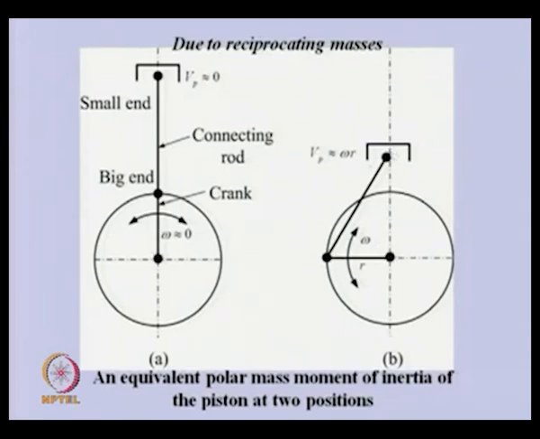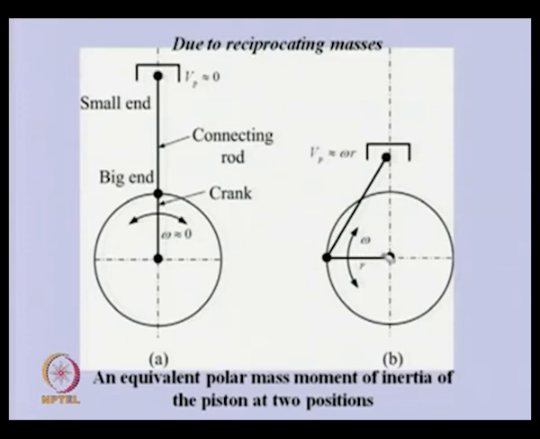If we compare these two, in this configuration, if we give some kind of oscillation to the crank, because it is a dead end, hardly any motion of the piston would take place. So, the velocity of the piston will be nearly 0. If we give some small oscillation to this crank, the piston will hardly move. That means, for this configuration, the piston will not have any inertia.